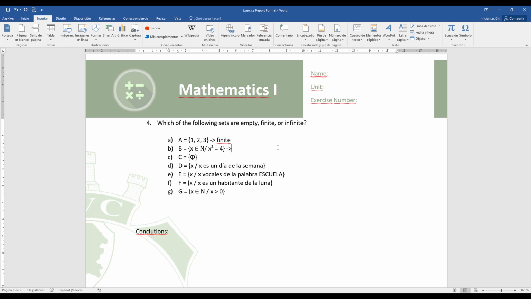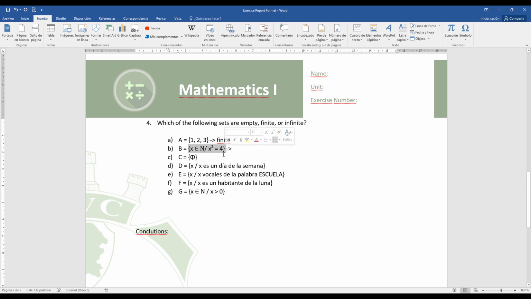The next one: here, x is a natural number, and you need to define what number squared is equal to 4.